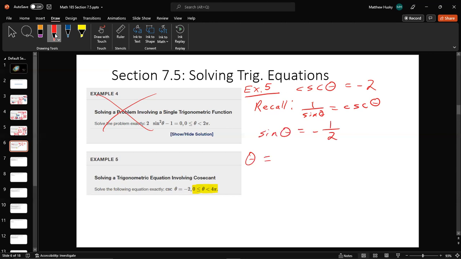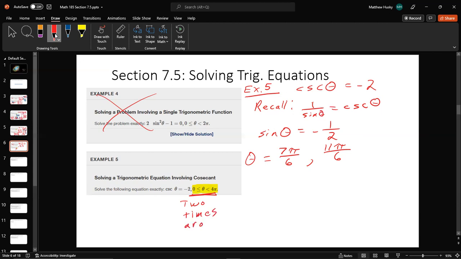We found 7 pi over 6 and 11 pi over 6. That's the two basic solutions. We found those earlier. But here they're kind of throwing a curveball at us. We actually need to go all the way up to 4 pi, which basically means 2 times around.